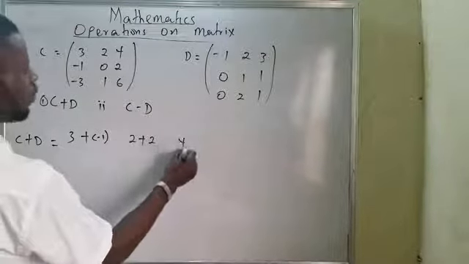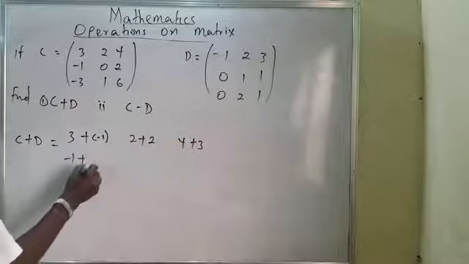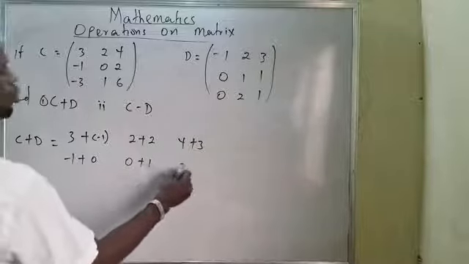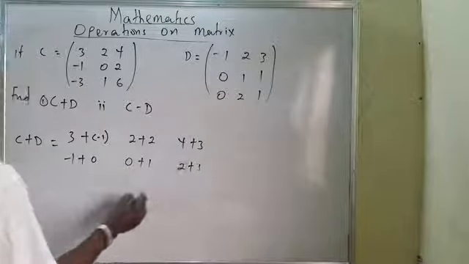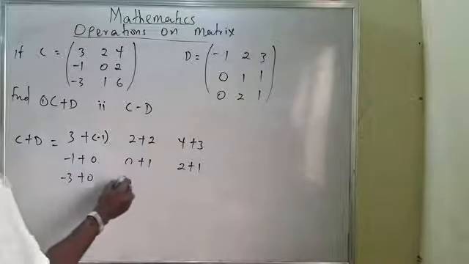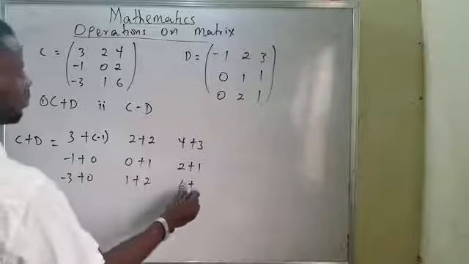I'll be having 4 plus 3. I'll be having minus 1 plus 0. I'll be having 0 plus 1. I'll be having 2 plus 1. I'll be having minus 3 plus 0. I'll be having 1 plus 2. I'll be having 6 plus 1.